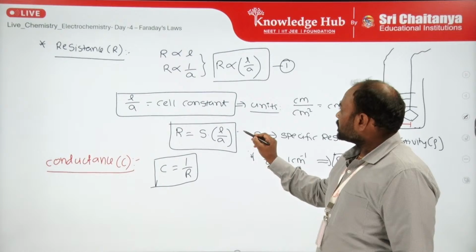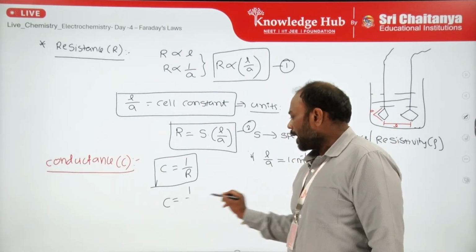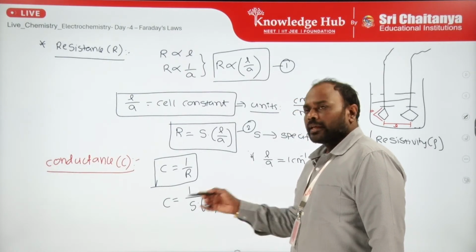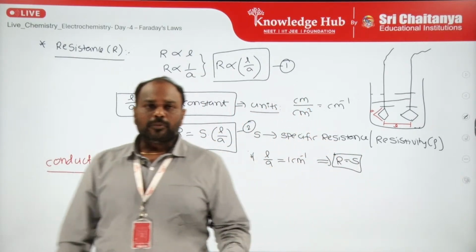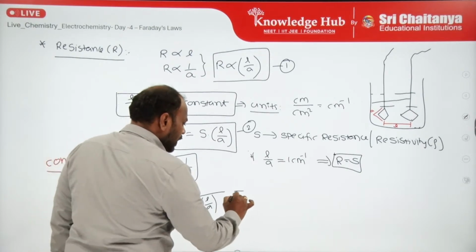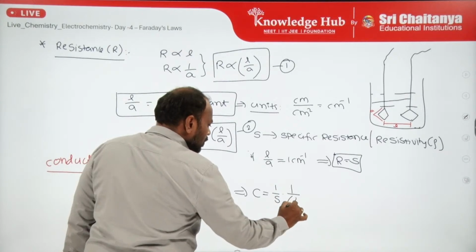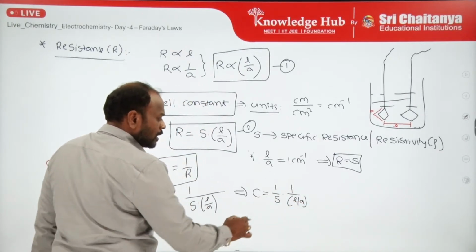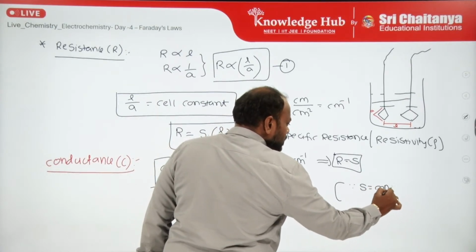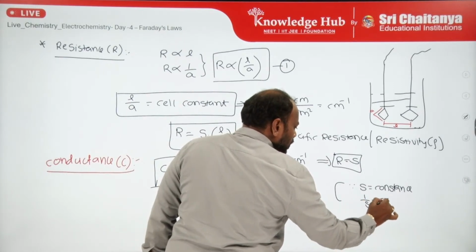From equation 2, C is equal to what we can write as 1 by S into L by A. S is the constant, something by constant, or 1 by constant is equal to constant. So what we get here, C is equal to 1 by S into 1 by L by A. S is a constant or resistivity, 1 by S is also constant.